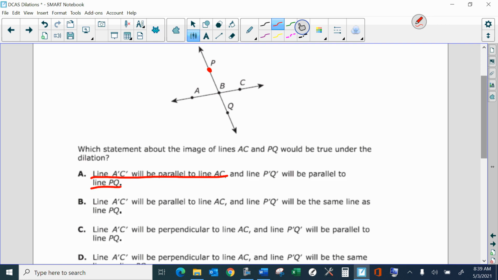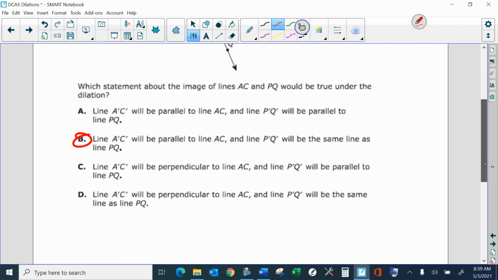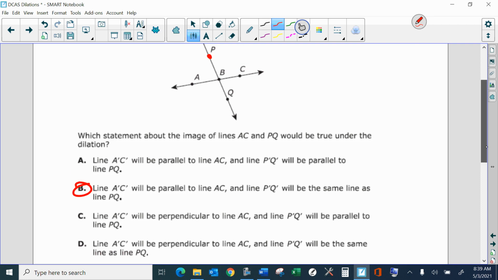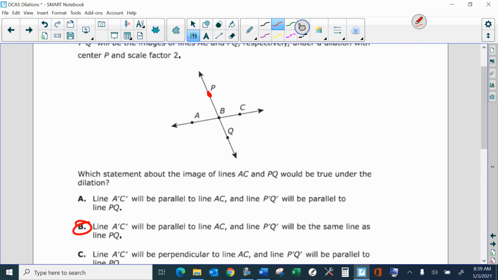That's true because it's the exact same line. So it will be the same line, which is even more accurate. That's the one they want to see right there. Remember, if the center of dilation is on the line, the line remains exactly the same. It does not change.